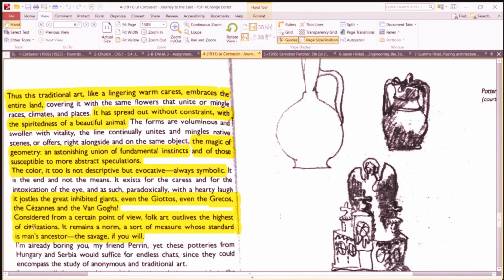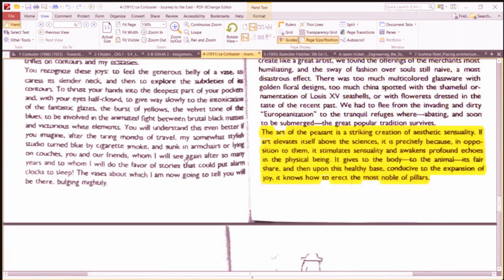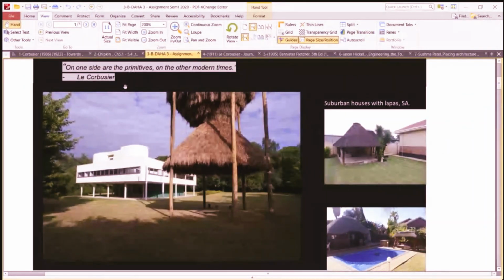They are like man's ancestor, a touchstone, something he used to be: a savage, an animal, in touch with their physical being, more connected to the body. This is what he's saying. This is the world of the primitive that he's describing.